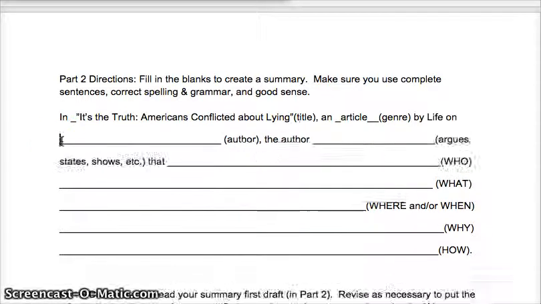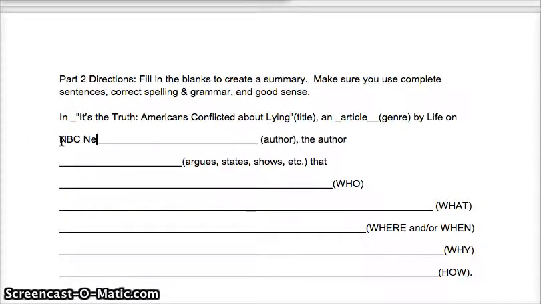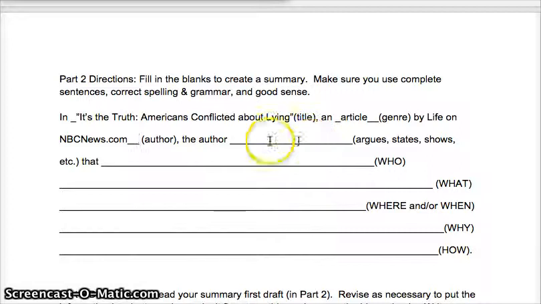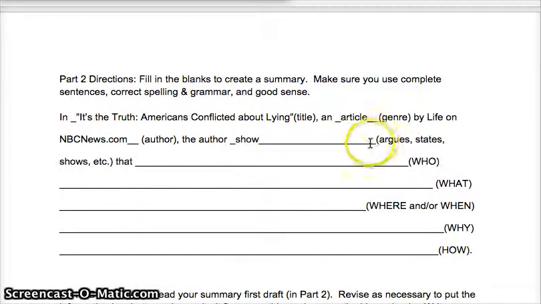By Life on NBCnews.com. The author, then we want to say what they do. Do they argue? Do they state? Do they show? For this one, they show.